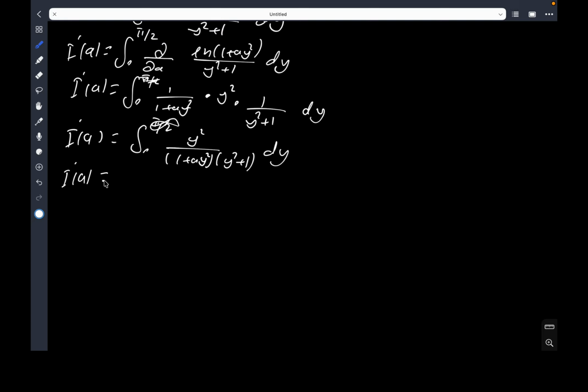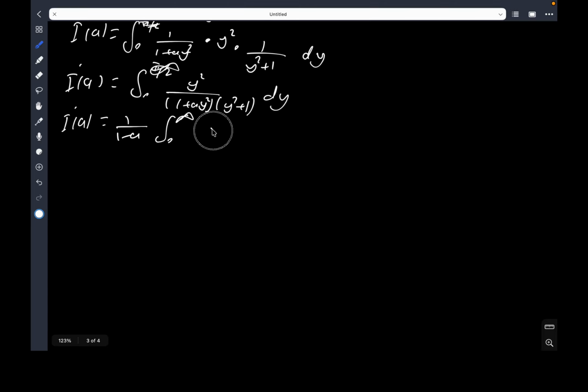I can factorize 1 over 1 minus a, the integral from 0 to infinity of y squared over (1 plus y squared)(1 plus ay squared) dy.